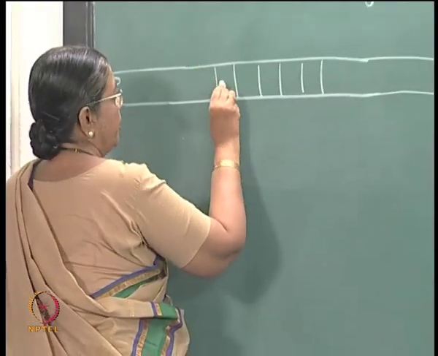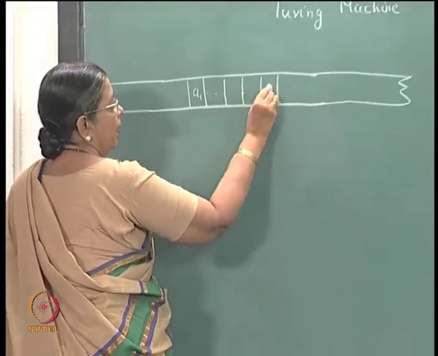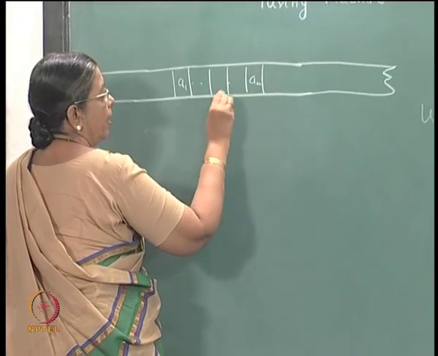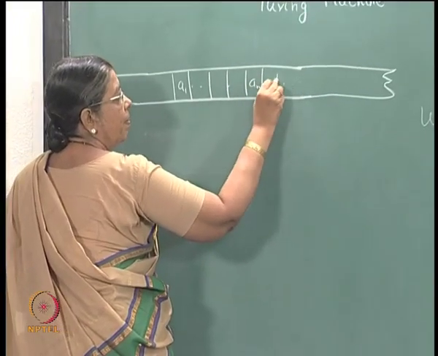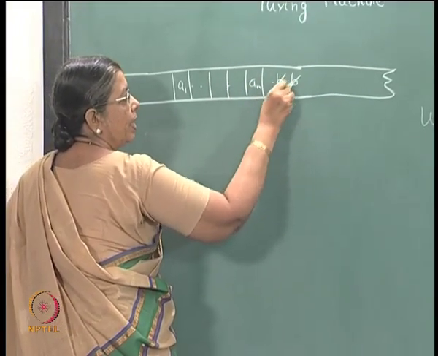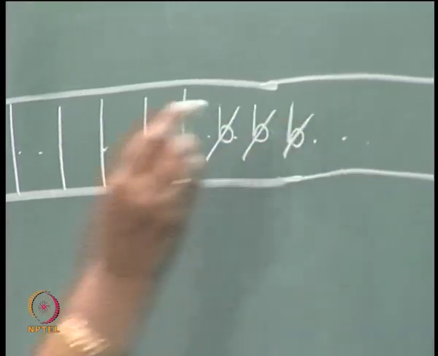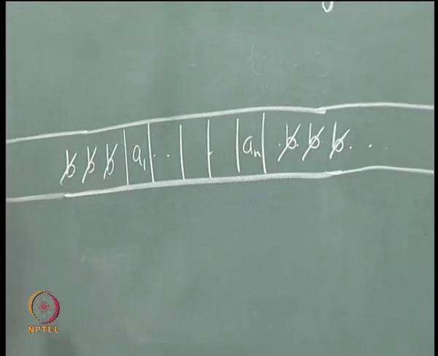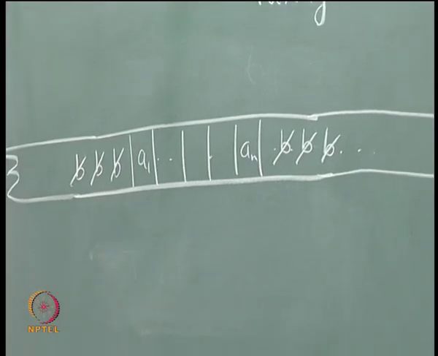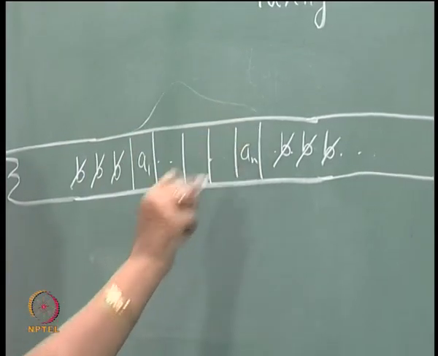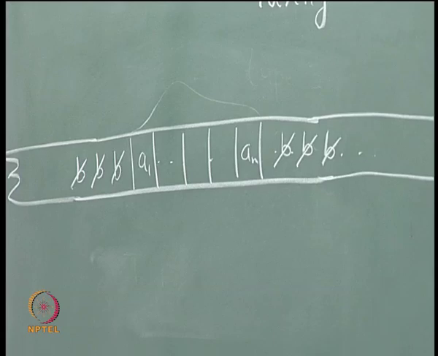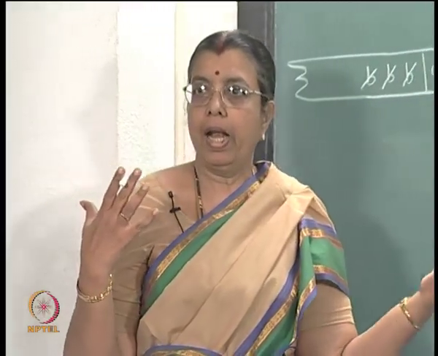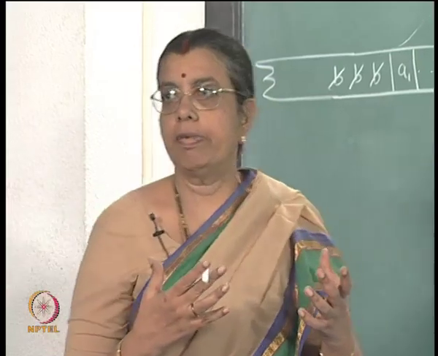Except for some portion, some A1, A2, AN, the rest of them will be blanks. I will denote the blank portion with a B and a slash. Except for a finite portion, the rest of them will be blanks. The tape is infinite, but the non-blank portion is only finite.